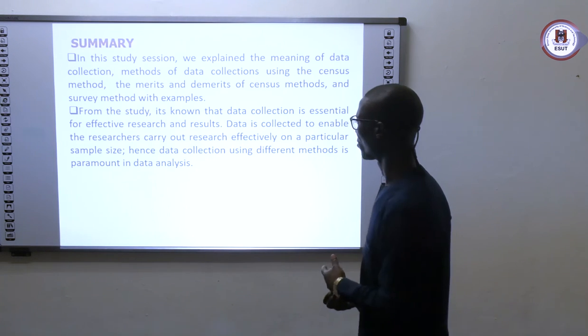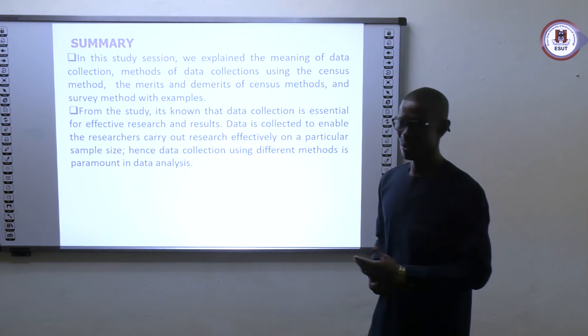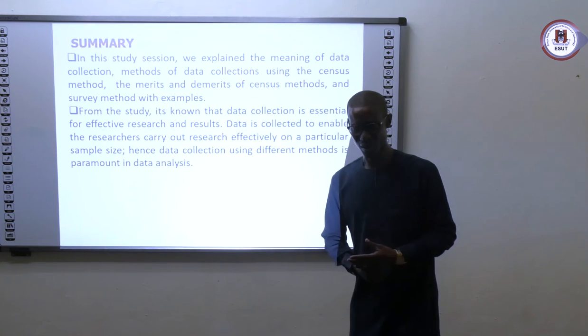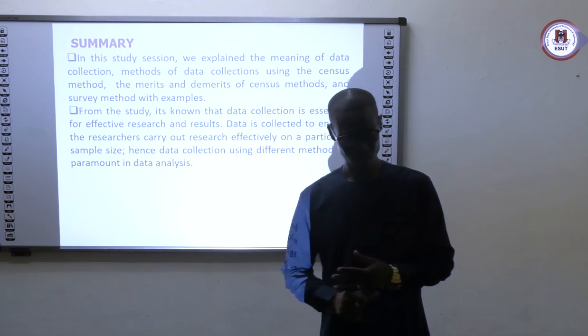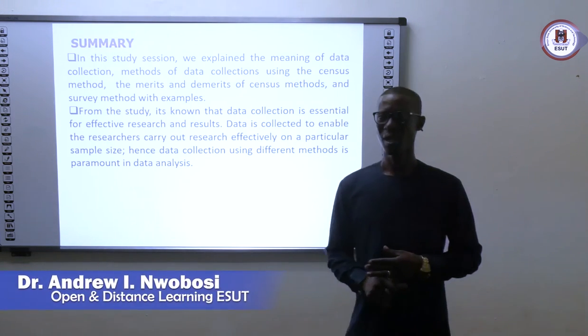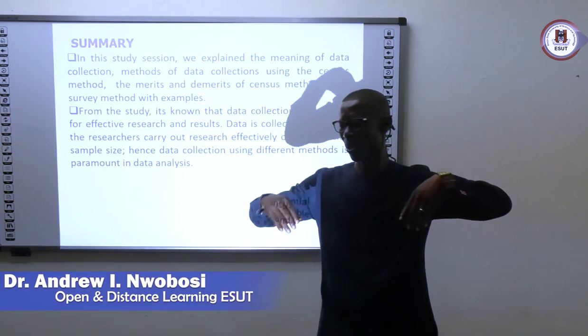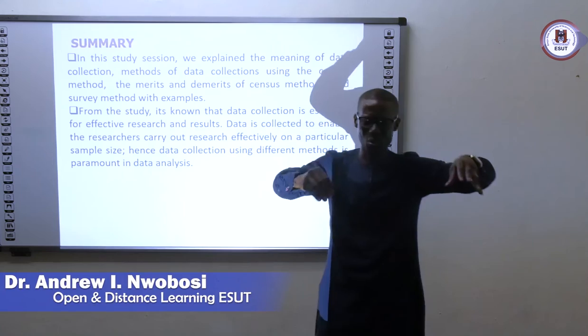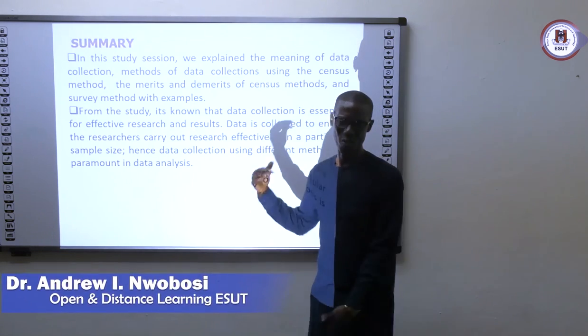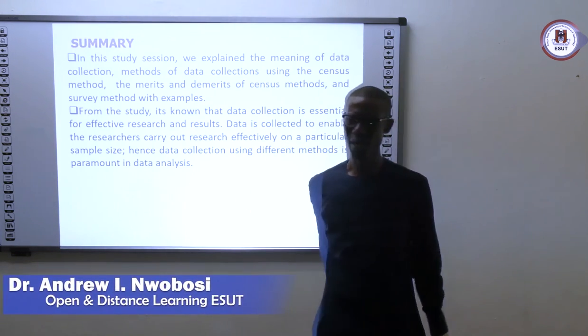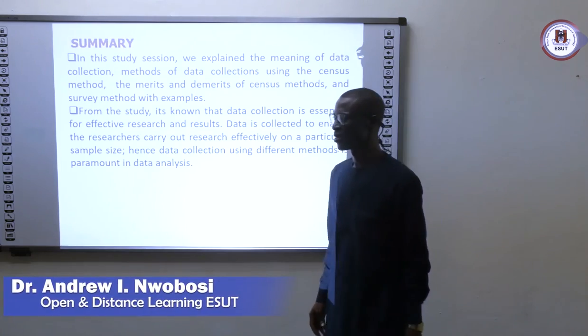So the difference between the census data collection method and the survey method is that census is more expensive, and census gets more accurate information because it examines every individual in that society. But survey data picks a component of individuals in the society.